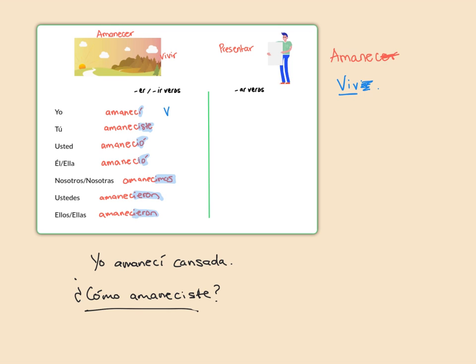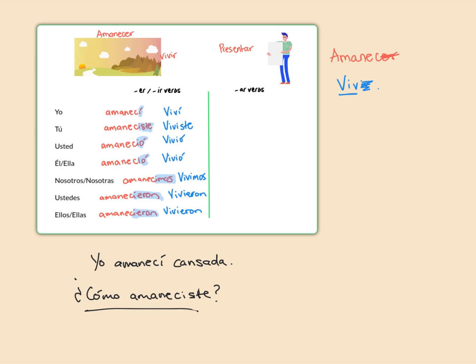So I would have yo viví, tú viviste, usted vivió, él o ella vivió, nosotros vivimos, ustedes vivieron, and ellos, ellas vivieron.